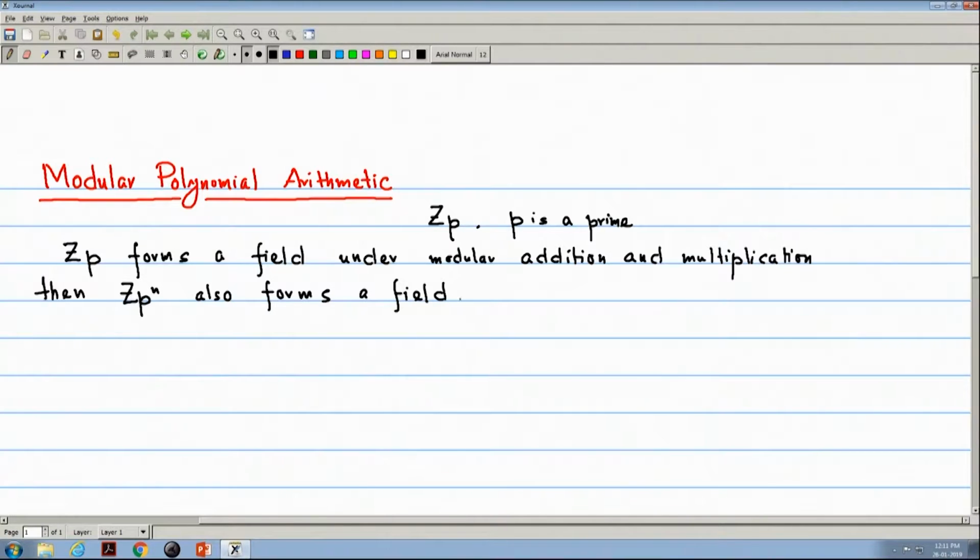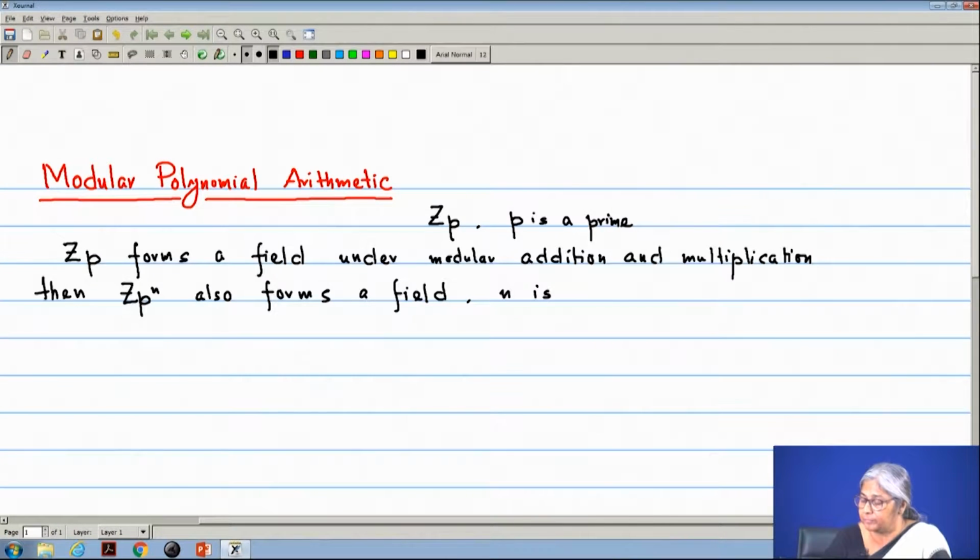Here p is prime and n is some positive integer.